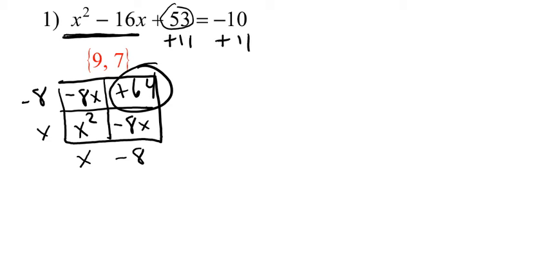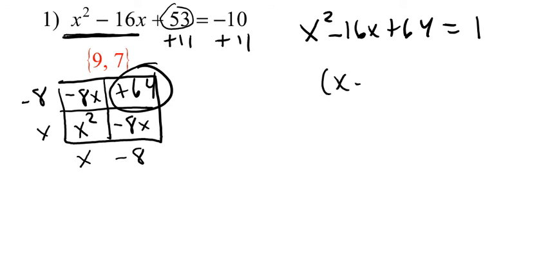So then when I do that, I get x squared minus 16x plus 64 equals negative 10 plus 11 is 1. So now the whole reason we did this was because now this is a perfect square, and we can rewrite this sum as a factor of x minus 8 squared equals 1.